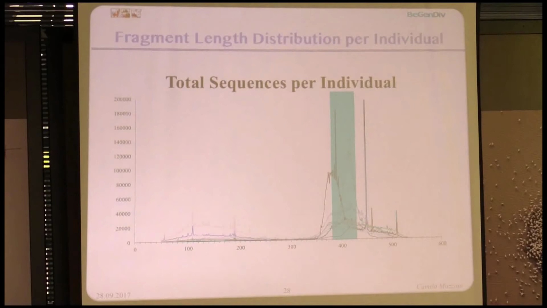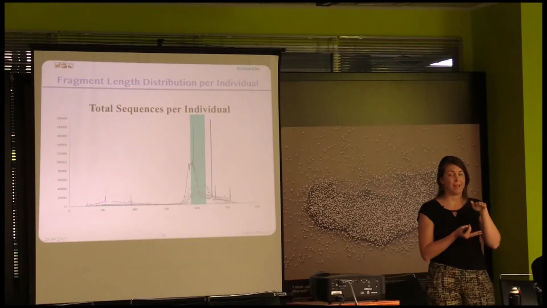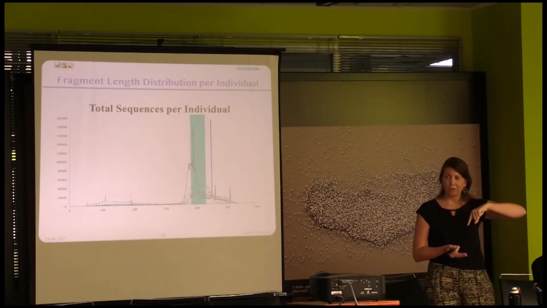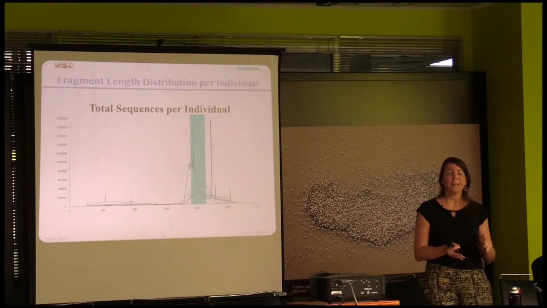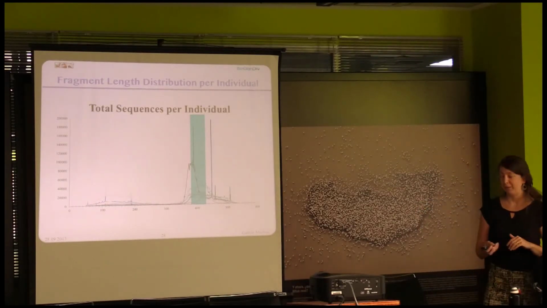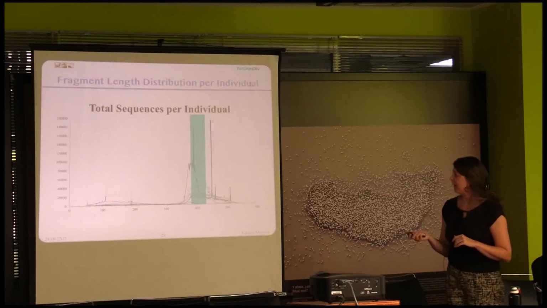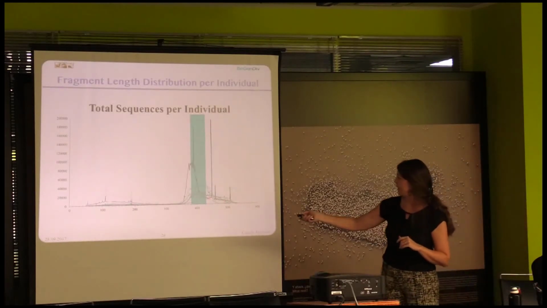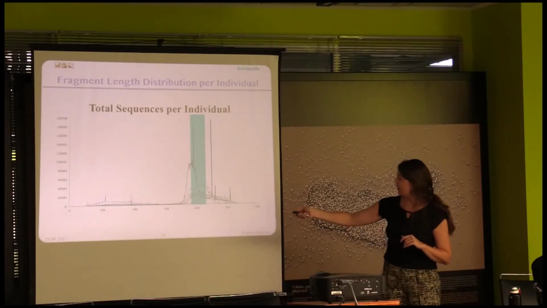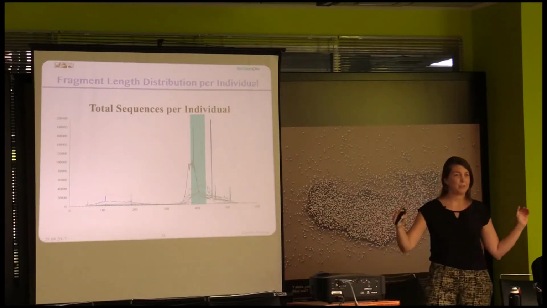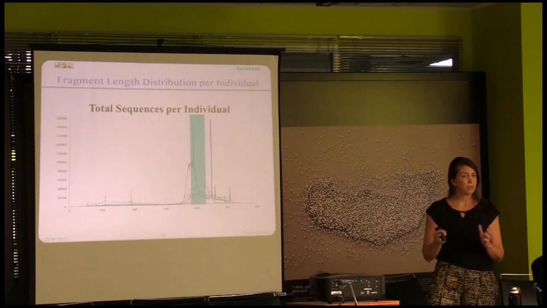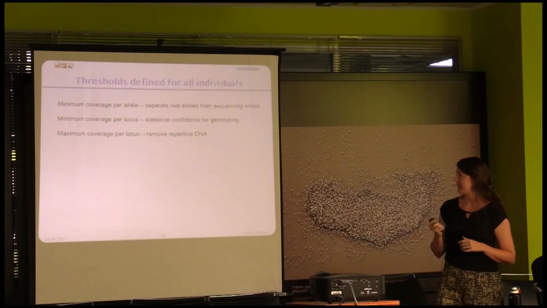The more you sequence, the more sequences you're going to have that have errors. Even though proportionally they should be similar, in terms of absolute numbers they are very different. So what we have done, maybe I have to say this now, we normalized. We tried to get the same amount of reads for each of our individuals so that we could treat them the exact same way.